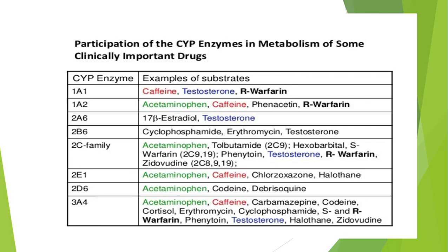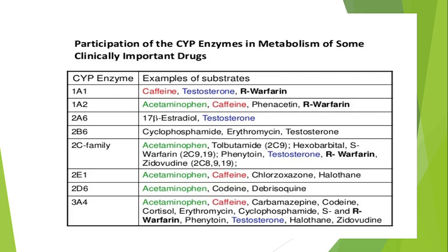CYP2C family: examples are acetaminophen, tolbutamide, hexobarbital, S-warfarin for 2C9 and 19. Then phenytoin, testosterone, R-warfarin for 2C8, 9, 19. CYP2E1: acetaminophen, caffeine, chlorzoxazone, halothane.